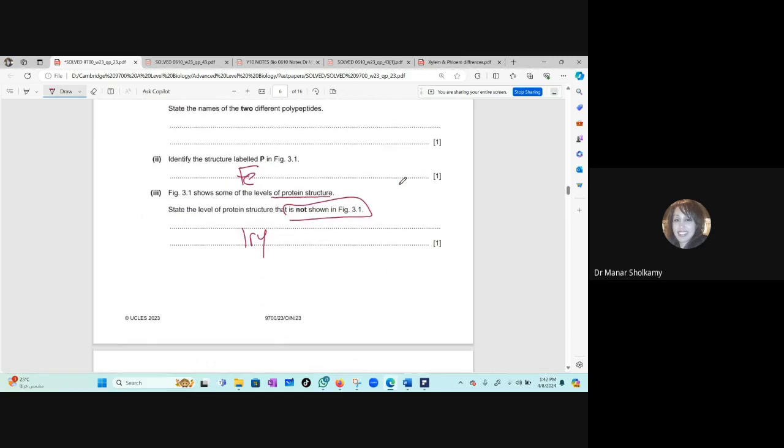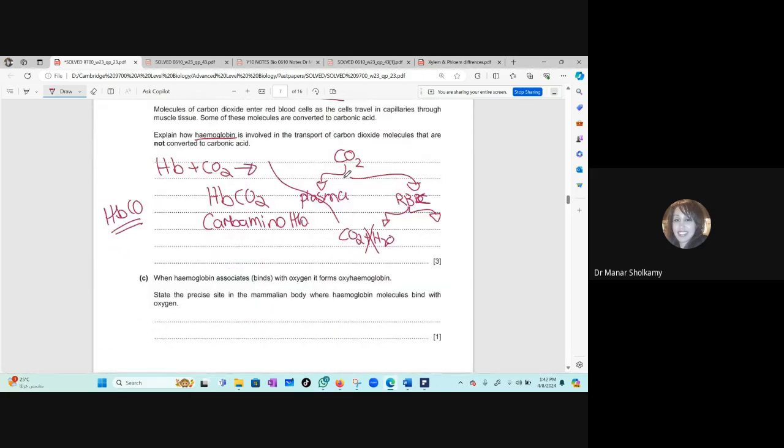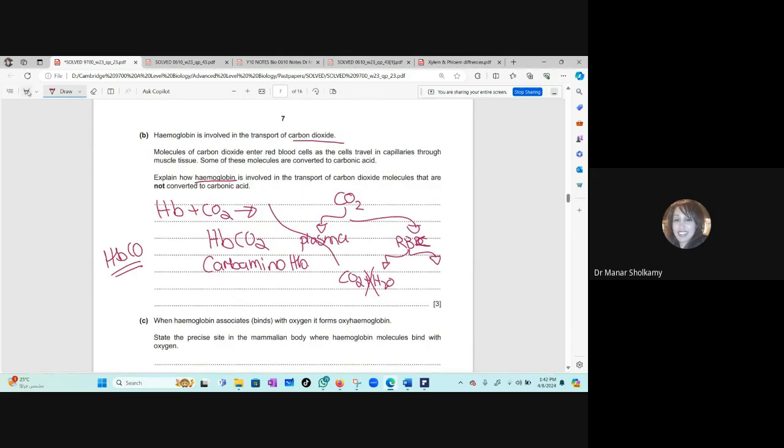Good. So going back to this question, I'm going to highlight it because they left the equation and the important part, and they asked you what will happen to the carbon dioxide if it does not react with water. The hemoglobin will bind with the carbon dioxide to give you carbaminohemoglobin. It has the lowest affinity, yes, but it did not react with water.